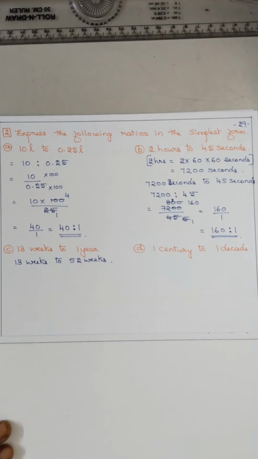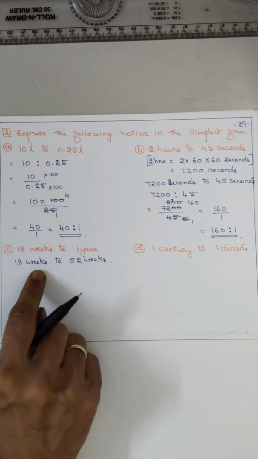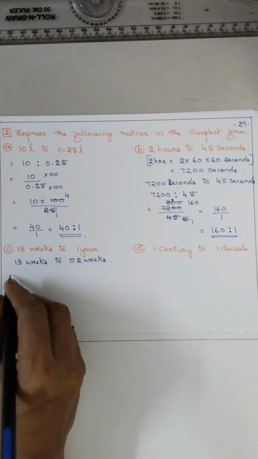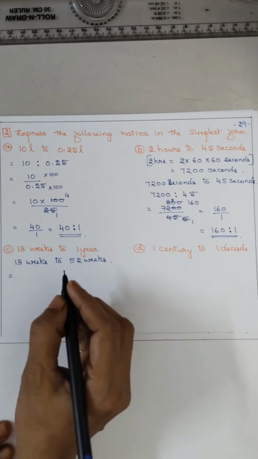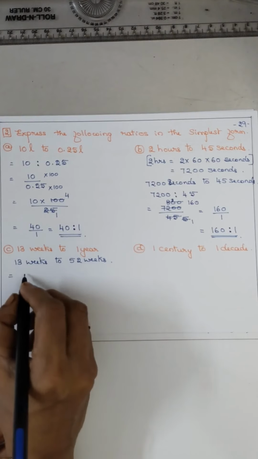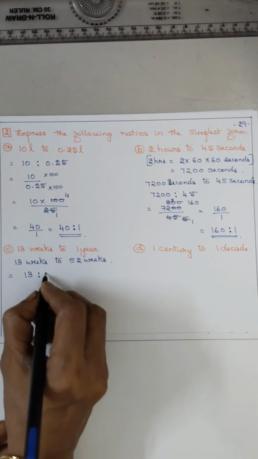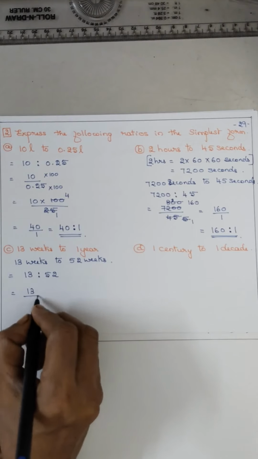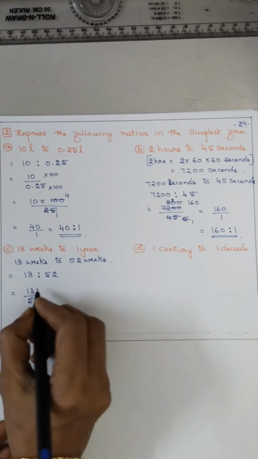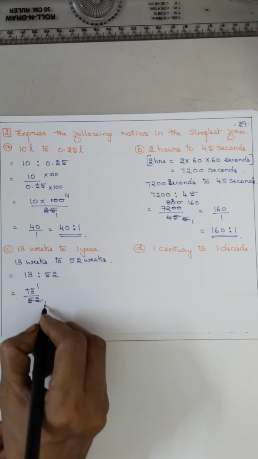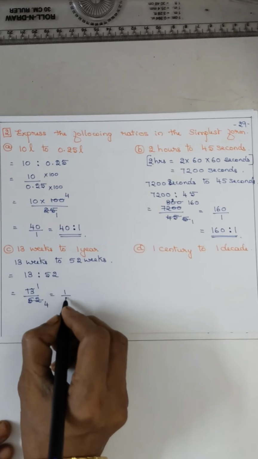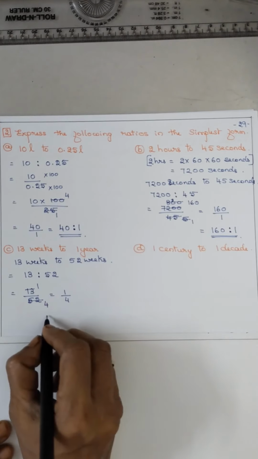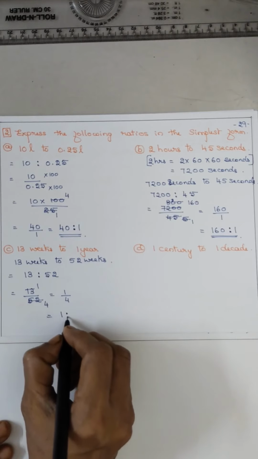Okay. So year is converted to weeks. Now write it in ratio 13:52. Fraction 13 by 52. 13 ones are 13, 13 fours are 52, you got 1 by 4. That is why the answer is 1:4.